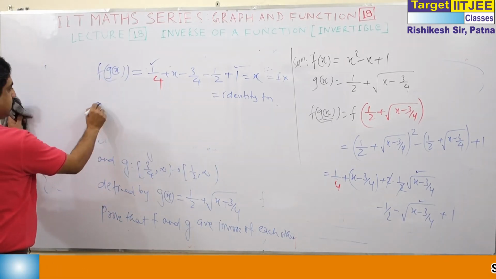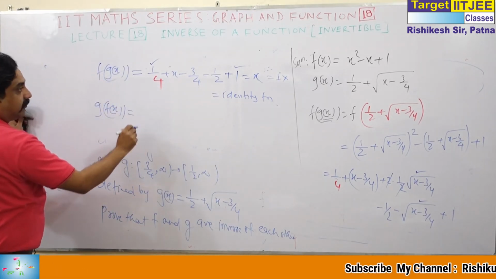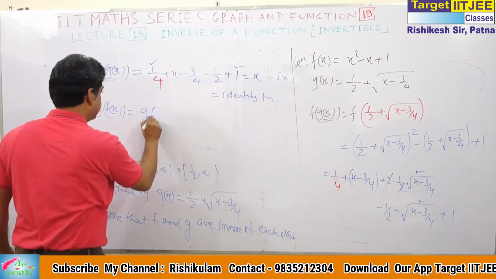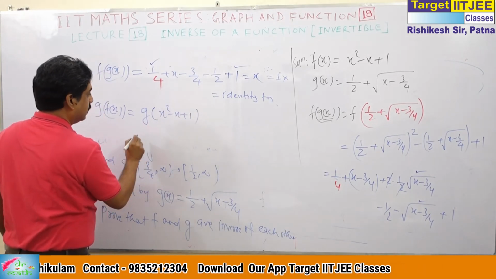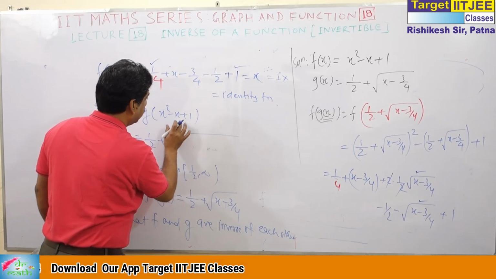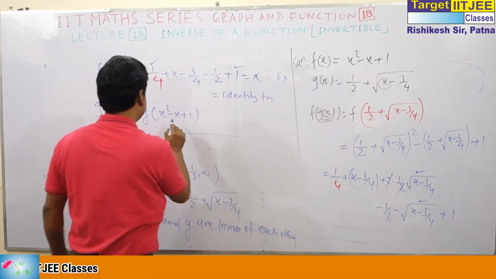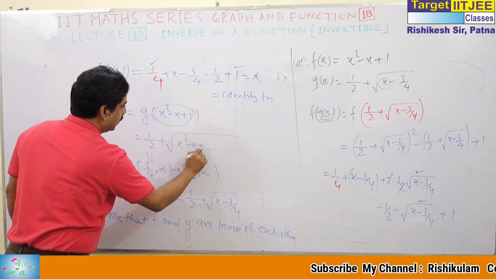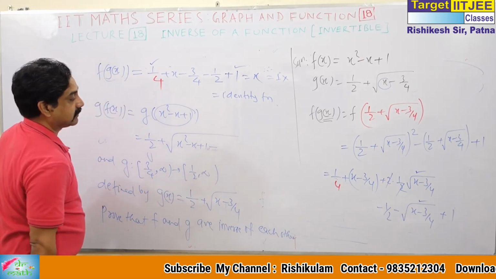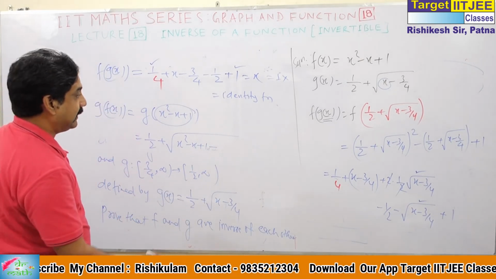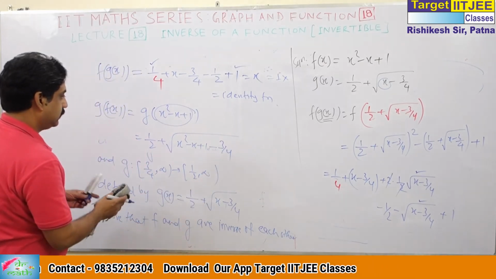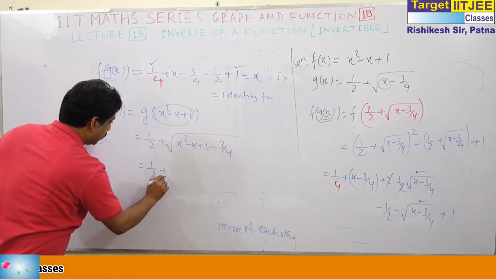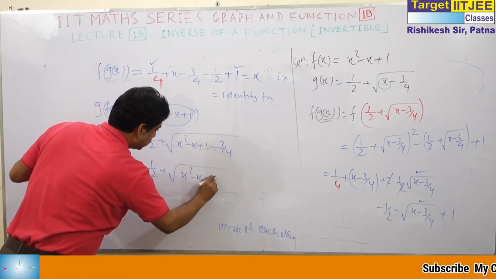Now come to g of f(x). For this g, first of all we will put f(x), which is x square minus x plus 1. So 1 by 2 plus root over, for x we will write this one, x square minus x plus 1, minus 3 by 4. Let's see. What is this? This is 1 by 2 plus root over x square minus x plus 1 by 4.